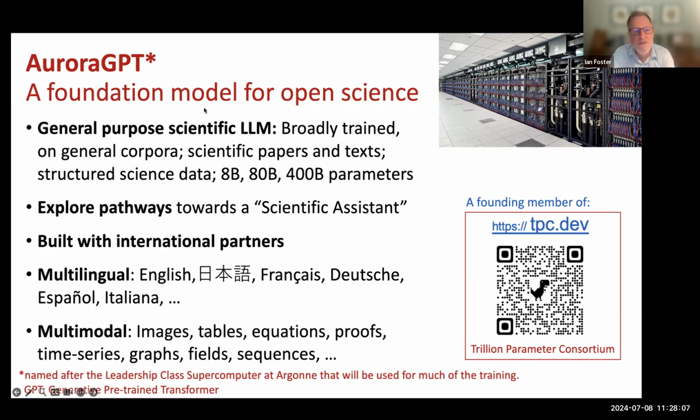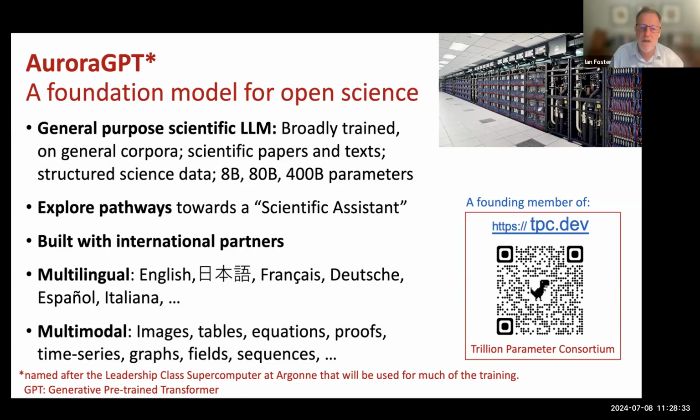Despite having a very fast computer, we at Argonne are otherwise lacking in many other things. We only have so many people, we only have so much data. So we've established, in international collaboration, the Trillion Parameter Consortium to collaborate on the construction of models like this.